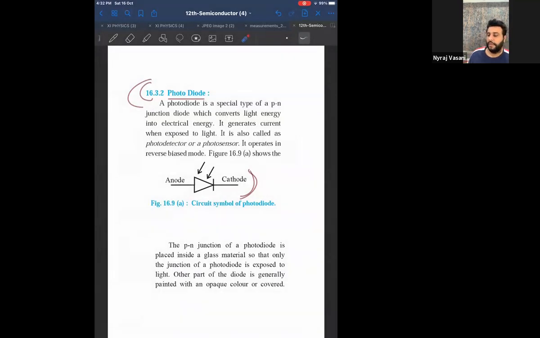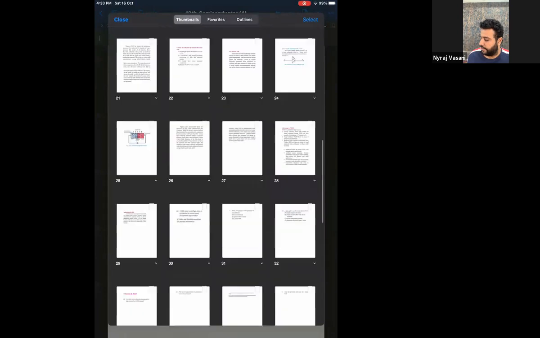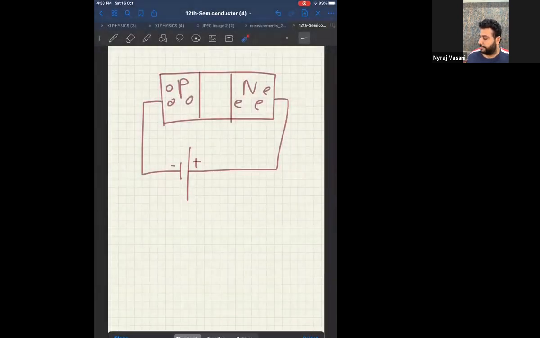Okay. So you have drawn till here. Below that, do one thing. Below that, just draw this rough diagram. I will write this.